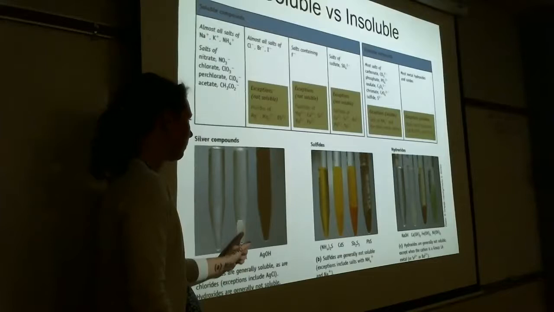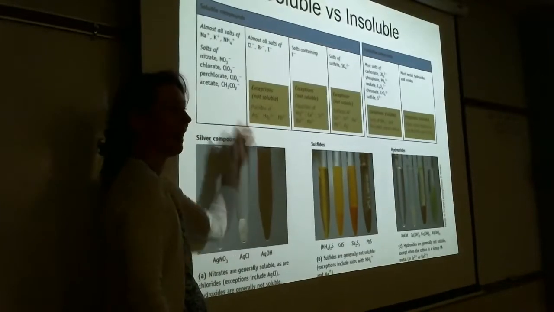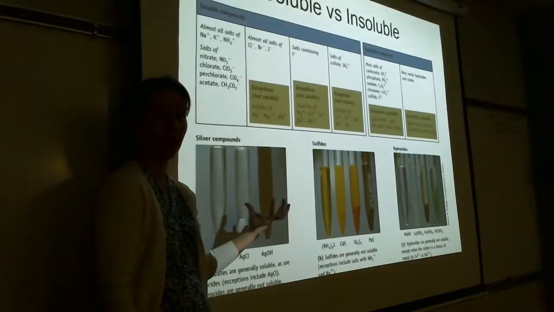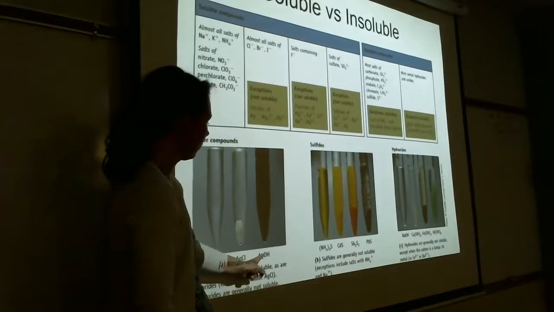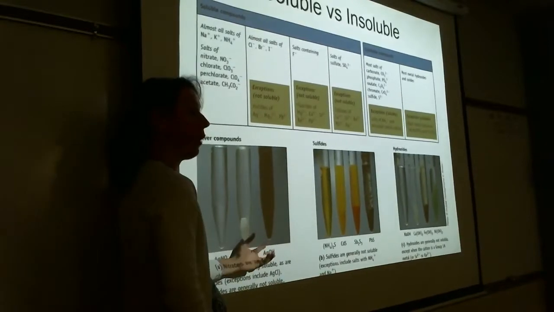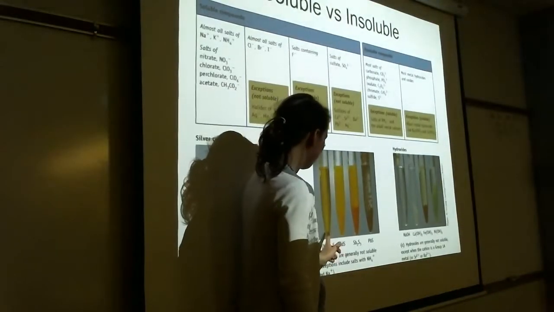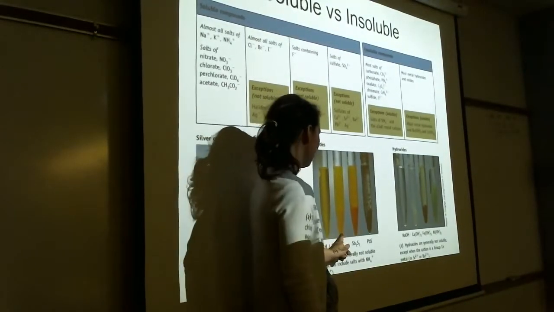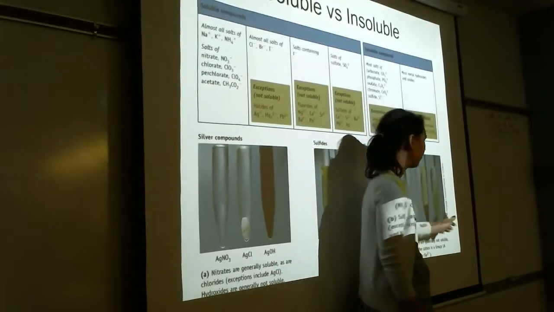Sometimes the whole thing might look cloudy, like a milky color, looks like milk. Here, this is AgOH, so that's why it's brown throughout. But if it were a white precipitate throughout, it'd look kind of a milky color. This one's soluble, no precipitate, it's just yellow. Insoluble, insoluble, insoluble. This one will be soluble. All of these will be insoluble.